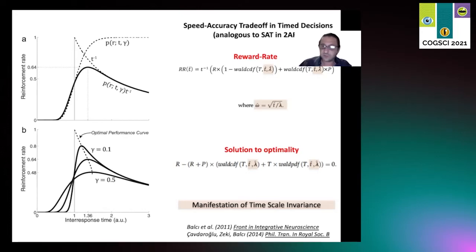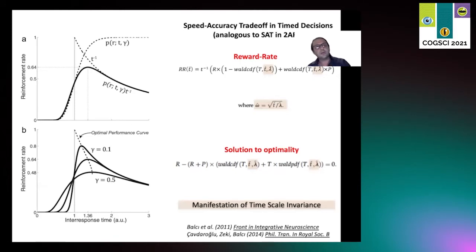For instance, a precise timer should aim at closer to the minimum wait time to maximize reward rate, whereas an imprecise timer should wait longer. And the envelope of these curves is basically the optimal performance curve.